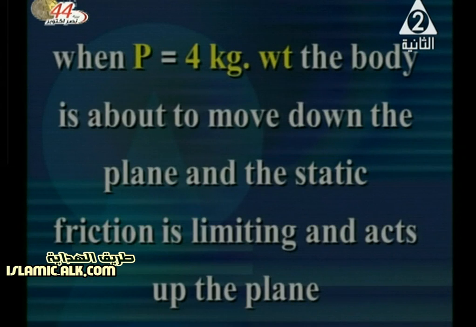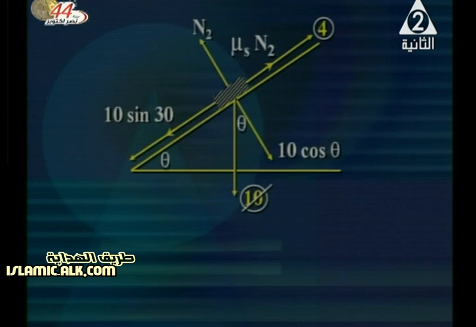When the force equals 4 kilogram weight, the body is about to move downward. Then the static friction is limiting and acts up the plane. Dear student, the static friction force is in the opposite direction to the force. Look at the figure. We have 10 as the weight of the body, but the force is 4 instead of 6.